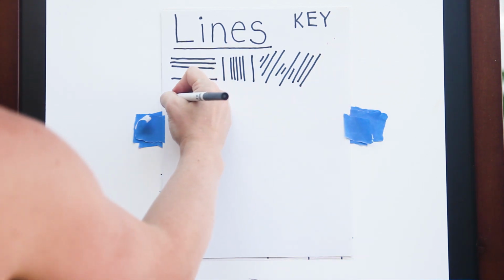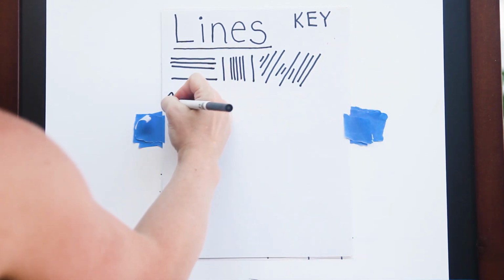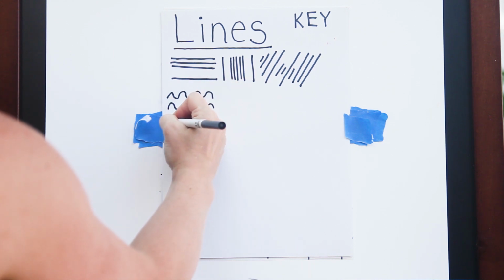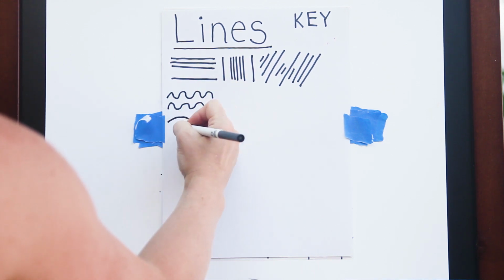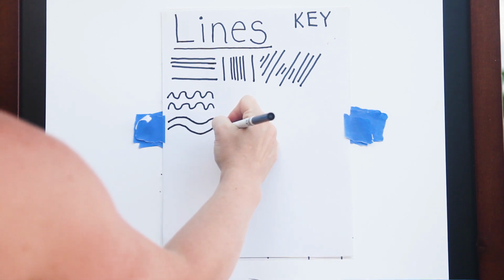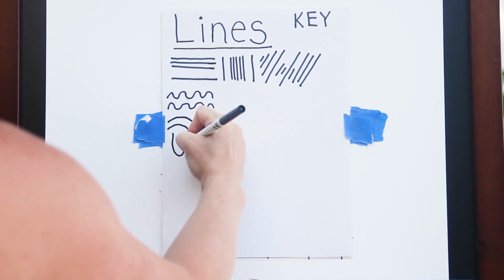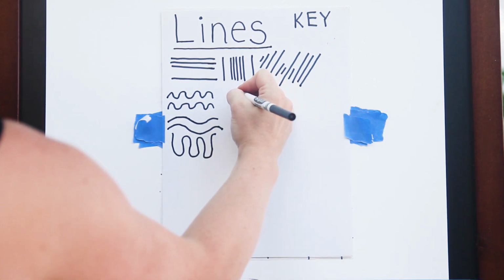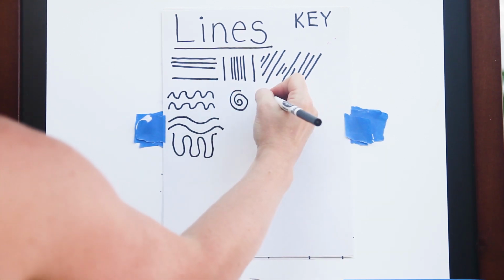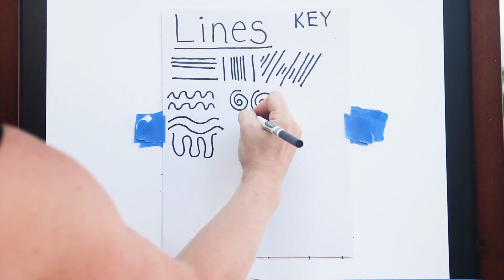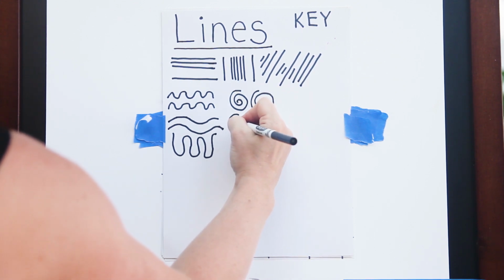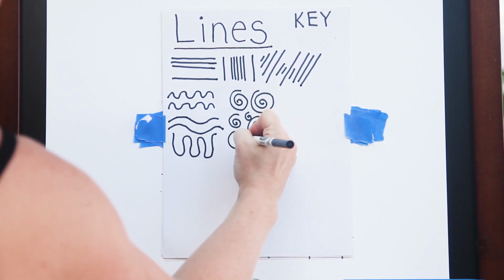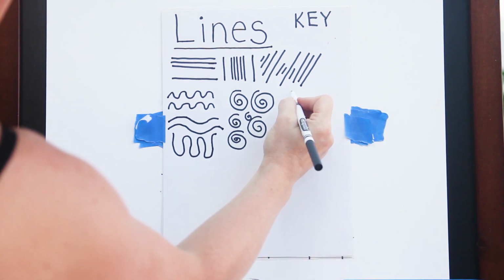But what about the wavy line, the curve line? Ooh. And what about the spiral or the swirly line? What about zigzags?